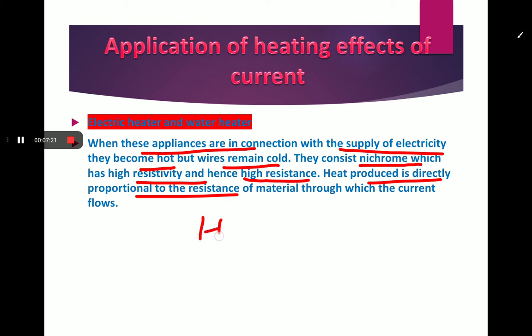That means heat is directly proportional to the resistance, and if any material has high resistance, the production of heat in this case is also high. So the electric heater and water heater work on the principle of heating effect of electric current.